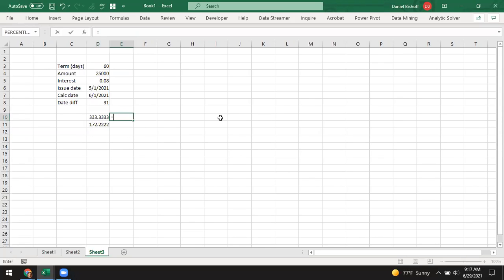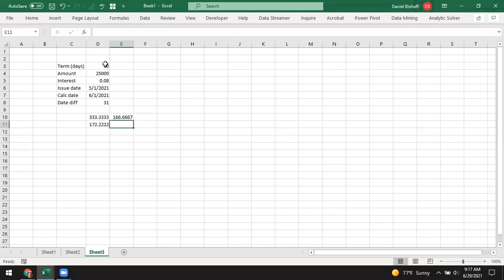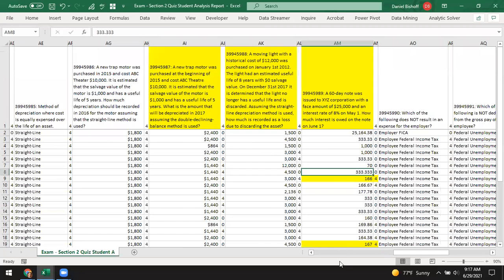Another thing that would be a correct answer is just taking that times 0.5. And any rounding or derivatives of those would also give you the correct answer. So it seems like most of the people missed this question because they took the full 60 days and not the 30 days.